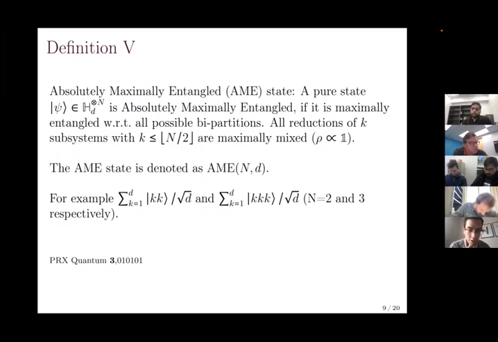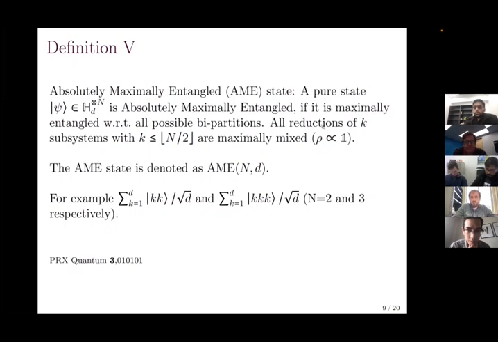If it's 8 qubits, for example, if you trace out 4 of them, you could say maximum 4, right? Is that what's required? It says k less than or equal to n over 2.